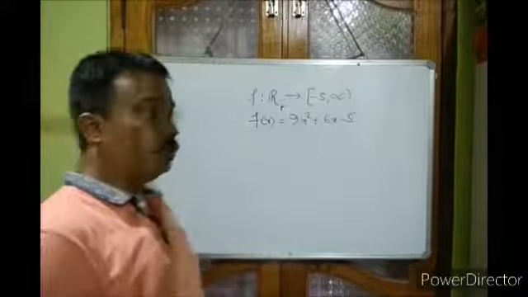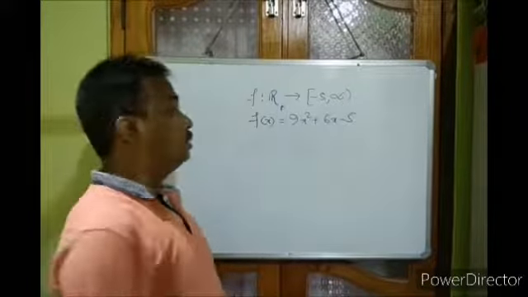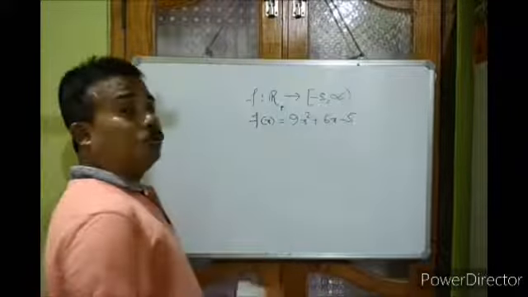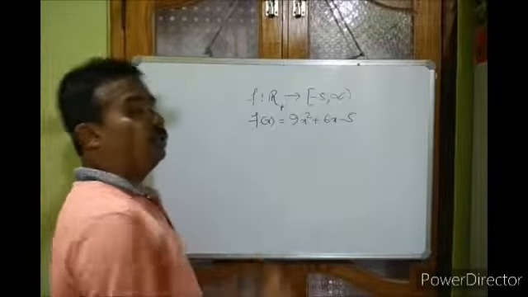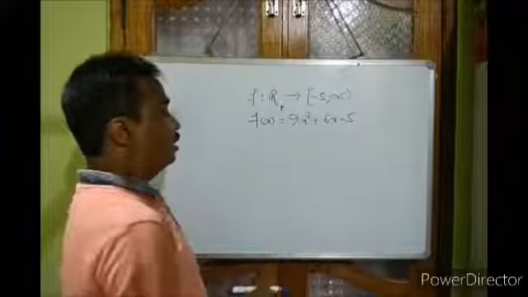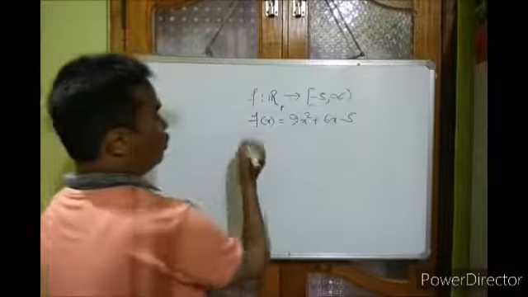So we are going to use this example. We'll show whether this function is invertible or not, and if it is invertible, then we will find its inverse as well. So how to show that?